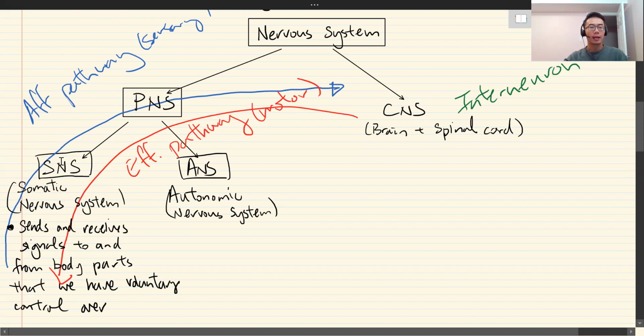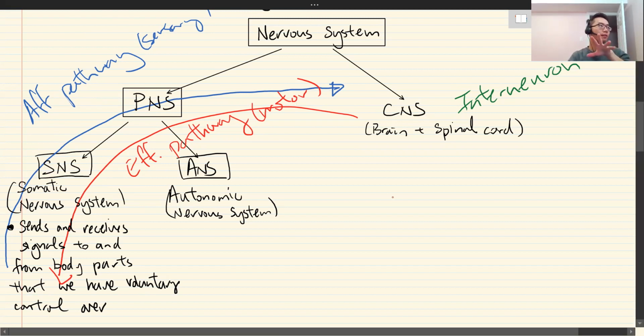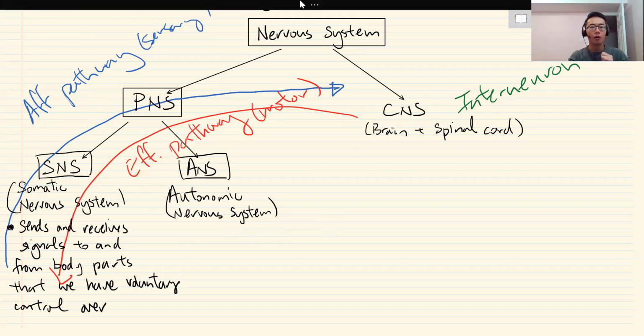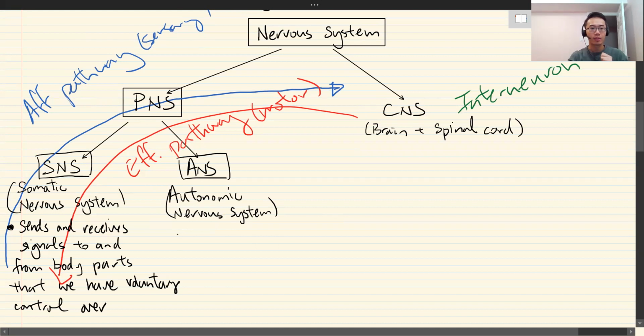Okay. Let me finish the ANS first, and then maybe it will make more sense. I'll try to explain again, and if not, then please ask again. Now, over here, the ANS, the autonomic system, it's basically the same thing.